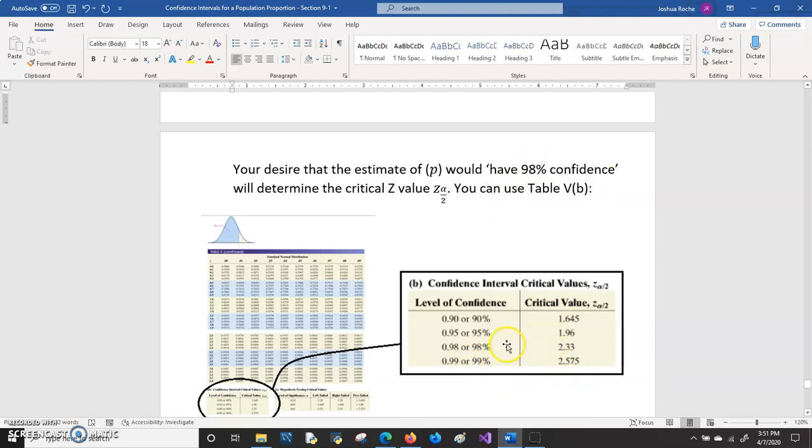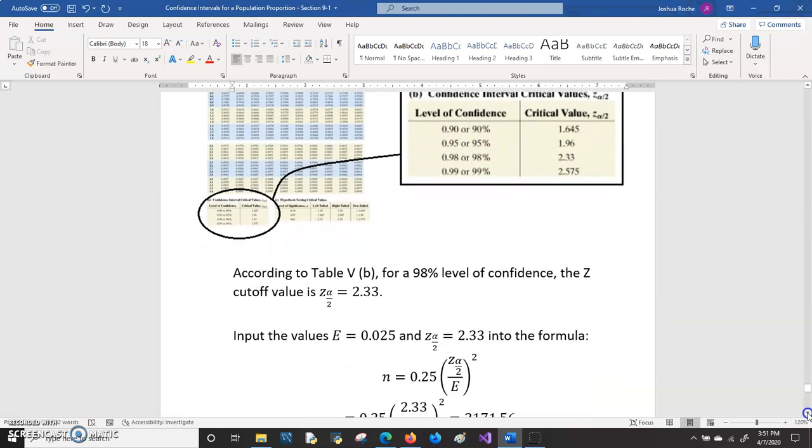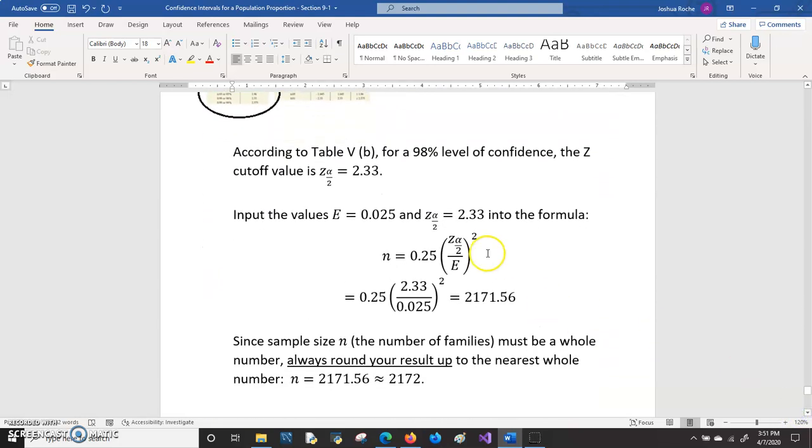Look that up in table 5B, it's 2.33. Input those values into this version of the formula, and it comes out to 2,171.56. And again, since sample sizes are whole numbers, it would make sense to go ahead and just round that up to the nearest whole number. So that rounds up to about 2,172.